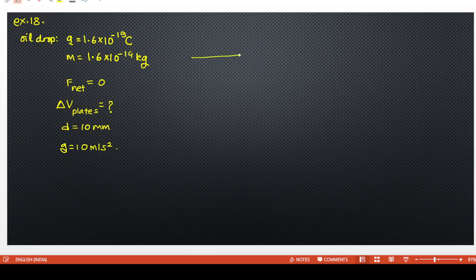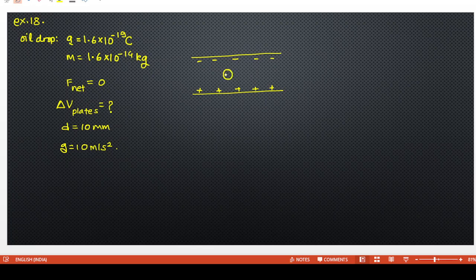So this is a plate, this is another plate. Reverse the polarities. Take this lower plate as positive plate and upper plate as negative plate. So between these two plates they have placed an oil drop.